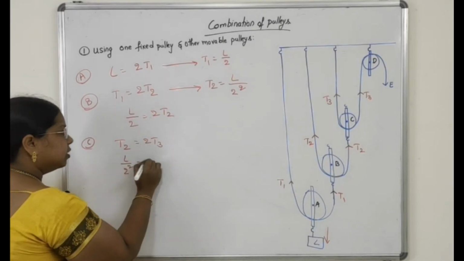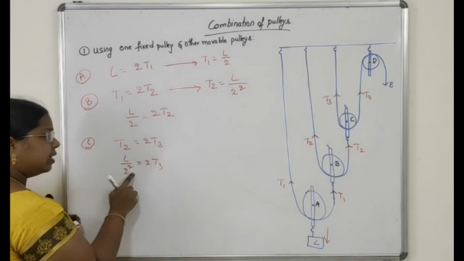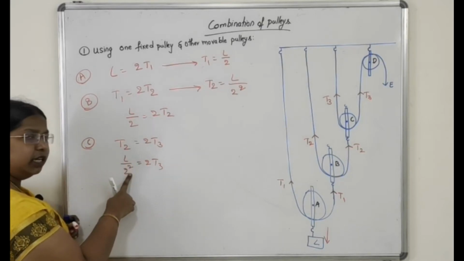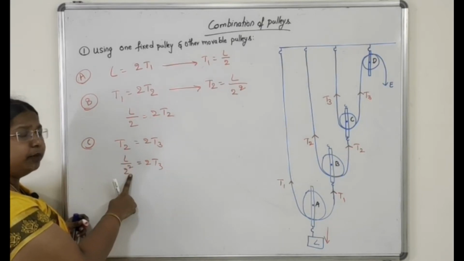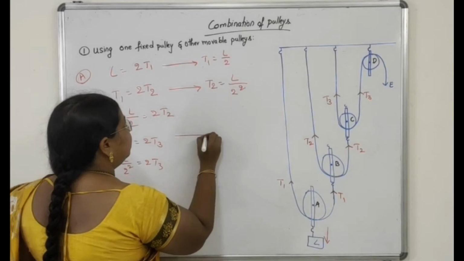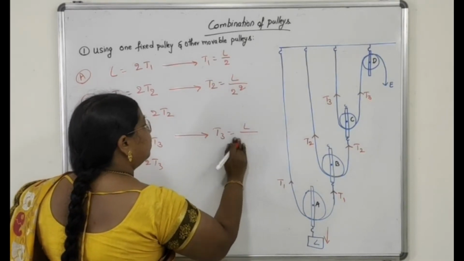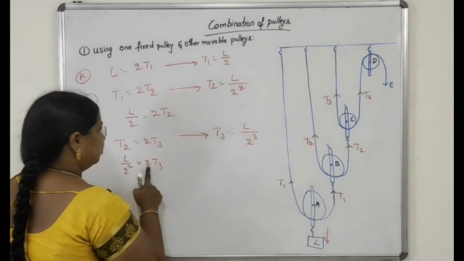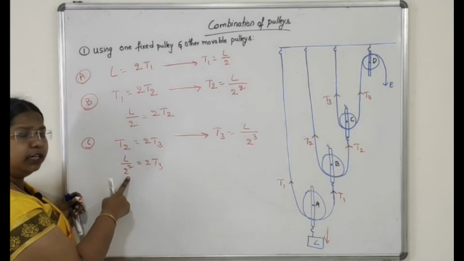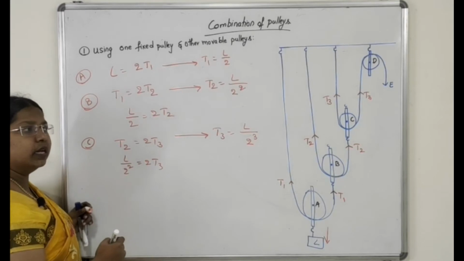Bring this 2 to the other side. It is multiplying, so after coming here it will come into the denominator. So your T3 will be L by 2 cube. One more 2 was added in the denominator.